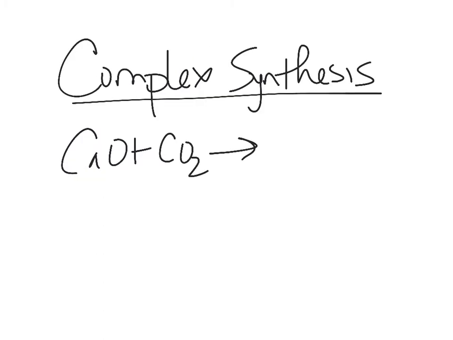For complex synthesis, you're going to have two small compounds that you're going to put together. So you have calcium, oxygen, and carbon. Typically in a ternary compound, which is what you're making when you put three together, the metal's always at the beginning, or the most or least electronegative if it's a nonmetal.